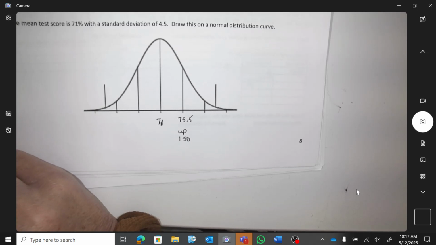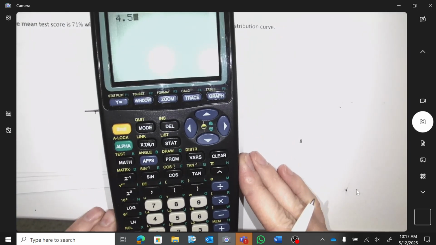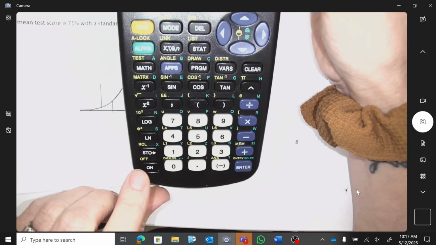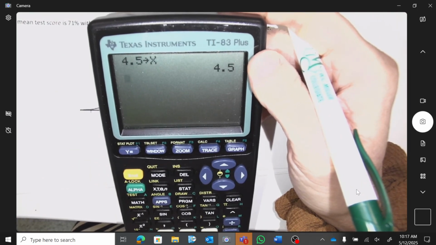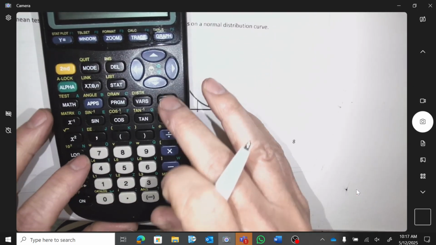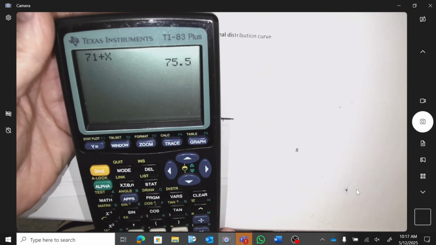Have I taught you guys the storage system? Storage. You do 4.5, push it on your screen, and then you can store it as X. So if I go 71 plus X, I get that.